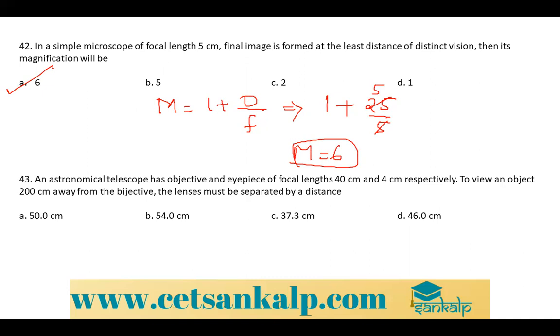Next up, an astronomical telescope has objective and eyepiece of focal lengths 40 centimeter and 4 centimeter respectively. To view an object 200 centimeter away from the objective, the lenses must be separated by a distance.